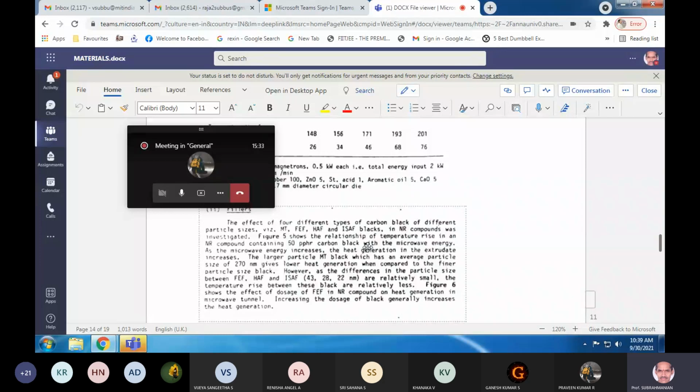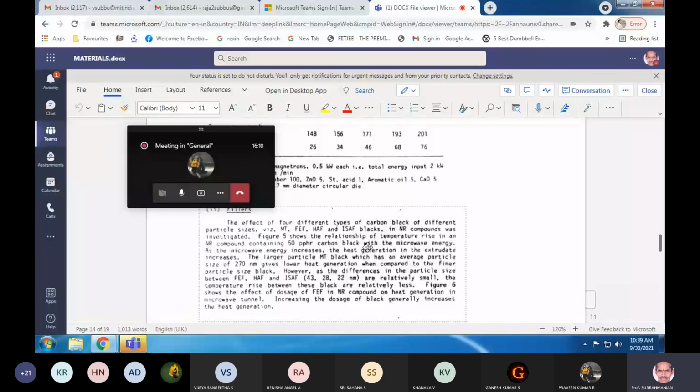Right, so from the coarser filler to the finest filler, you have the particle size data given for the microwave energy generated or internal heat generated. FEF is about 43 or 45 nanometer. ISAF 22 nanometer. HAF 28.